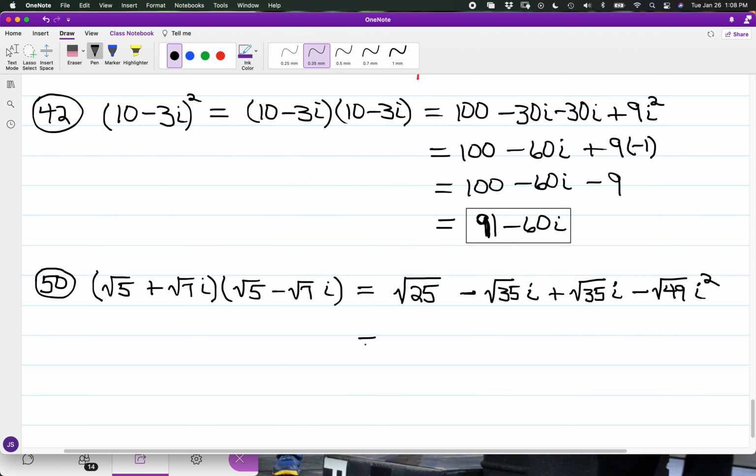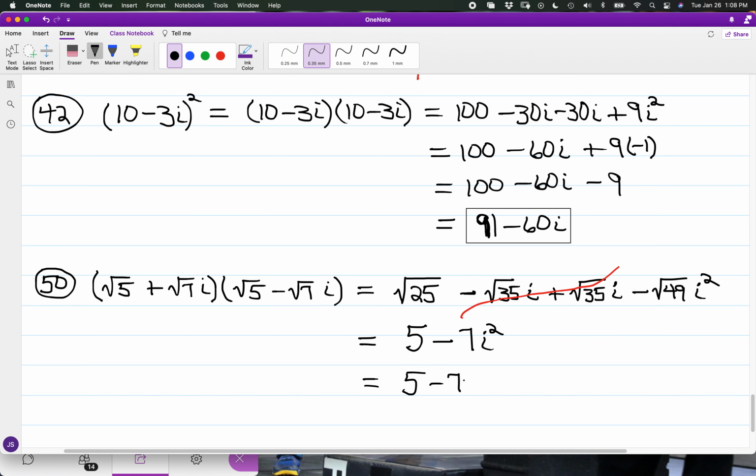And if you notice, we had the square root of 25, so that is going to be 5. And we have negative and positive square root of 35i, so these terms are going to cancel each other. You have minus, now the square root of 49 is 7, and i squared is going to be negative 1.